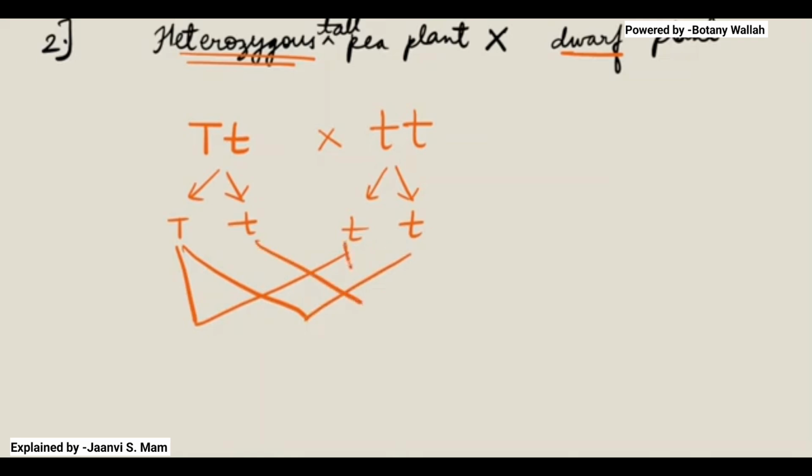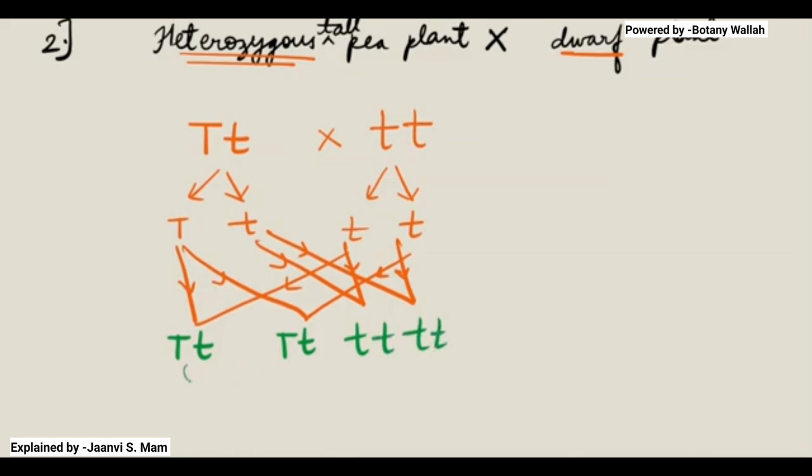So here you get this twice. You have to show the arrows. So what you will get here: capital T, small t; again capital T, small t; and small t, small t, small t, small t.